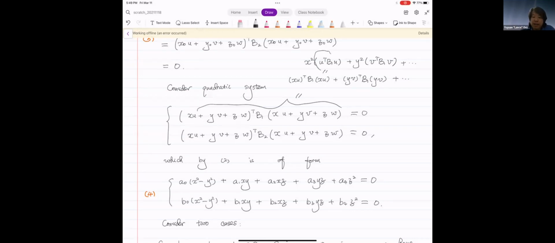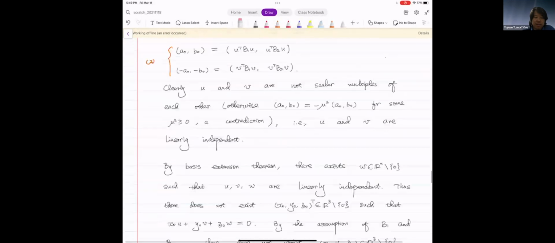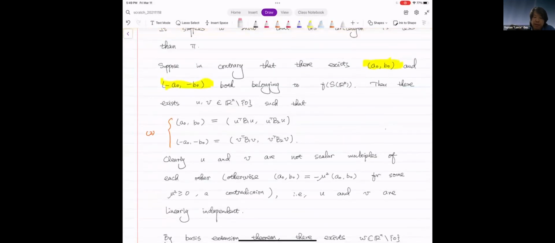But the key is that if I look at u transpose b1u and v transpose b1v, the interesting thing is that I've made an assumption about what they are. I know u transpose b1u and v transpose b1v. They should be a0 and negative a0 over here.